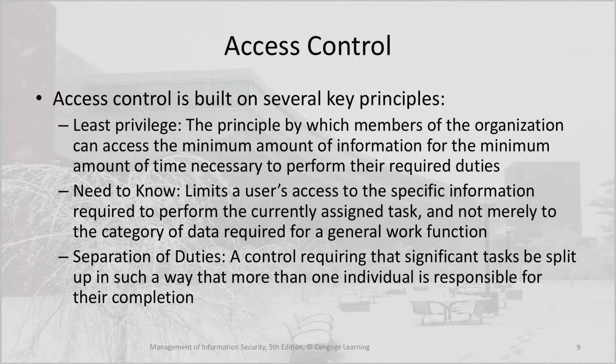This limits a user's access to the specific information required to perform the currently assigned task, and not merely to the category of data required for a general work function. The third is separation of duties, a control requiring that significant tasks be split up in such a way that more than one individual is responsible for their completion.